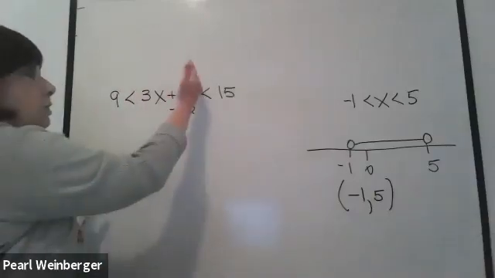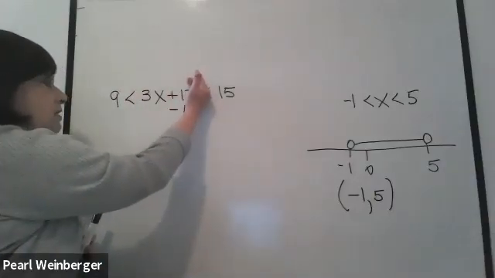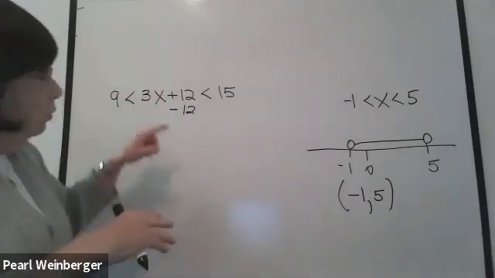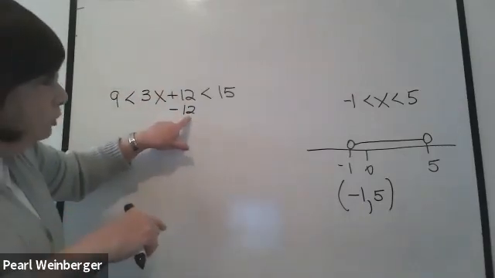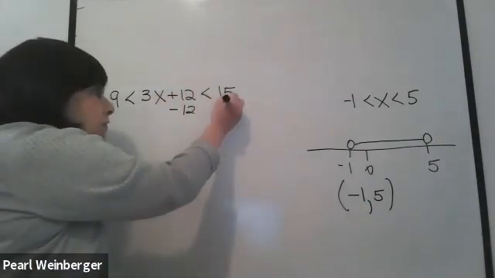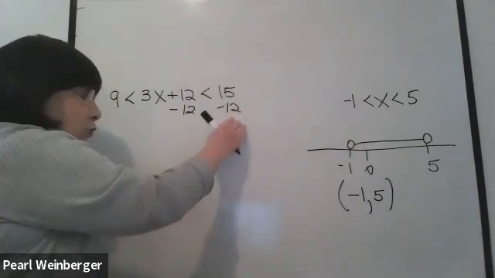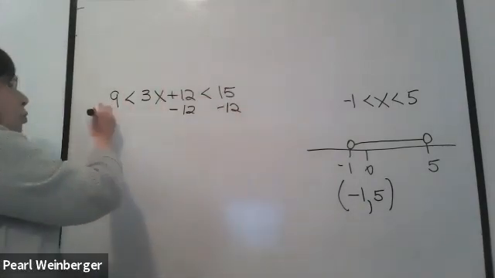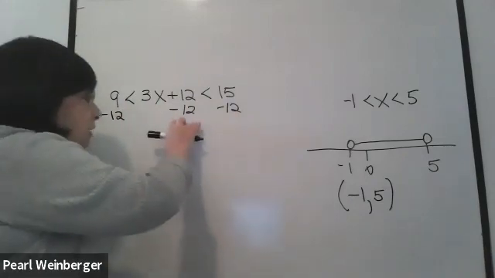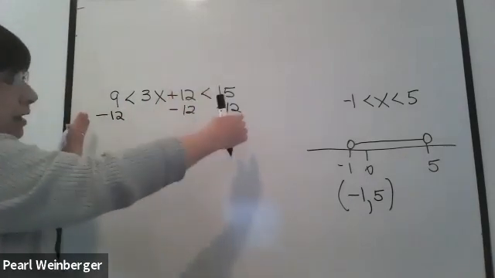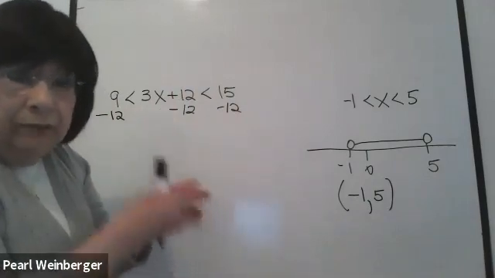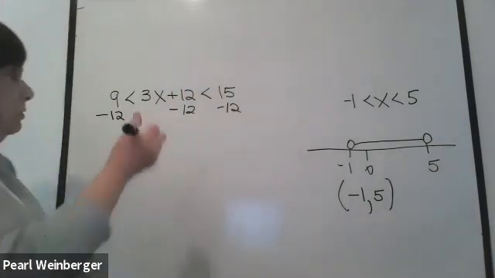And I'm also doing this problem, 9 is less than 3x plus 12, but I'm doing it all at once, which means that if I'm subtracting 12 in the middle, I have to subtract the 12 on the right side and also on the left side. Whatever I do in the middle, I have to do at either end because I'm really doing double work. I'm doing two problems at once.